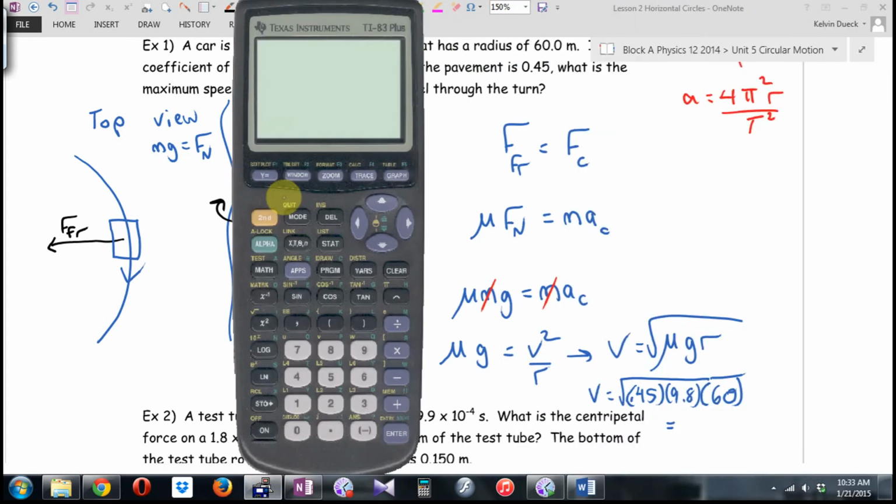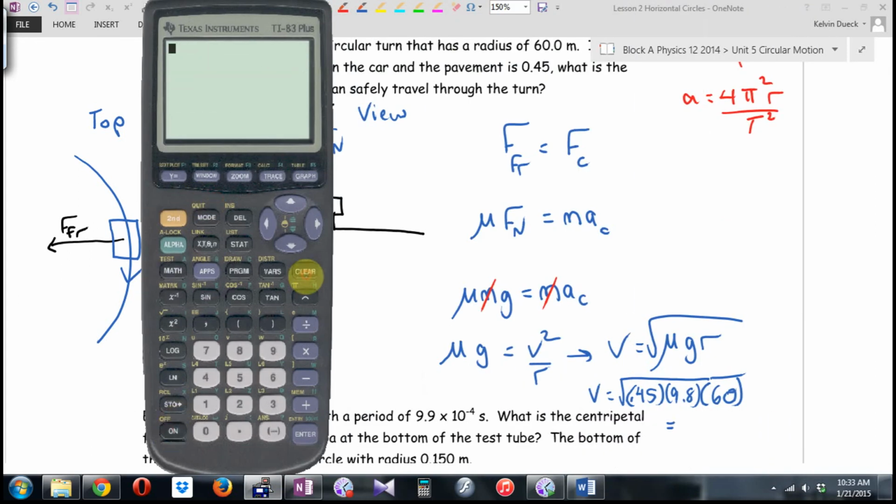What speed limit sign would be, well, again, we wouldn't put this speed limit. This is the maximum speed you can safely go around the corner, so they would never post this sign. But this is how they would calculate what kind of a sign to post. You get 16.26.